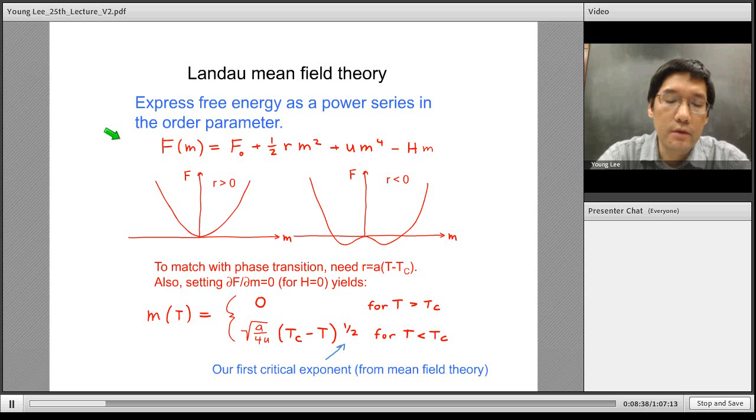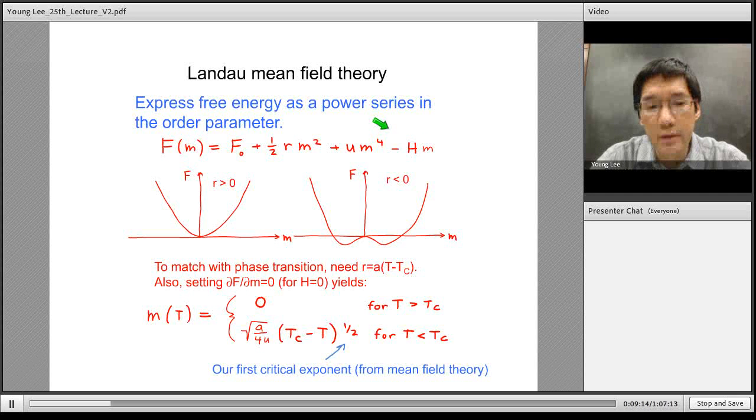For a magnet, we'll have a term for an applied field, and then we have other powers, and it's often the case that only the even powers will appear in this sum. For example, if up is no different than down, then you're not going to have the odd powers appear. So let's just keep low order terms: you'll have this m squared term and an m to the fourth term in addition to the term in the magnetic field.